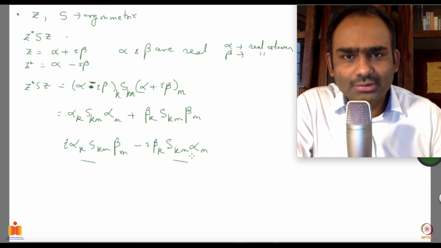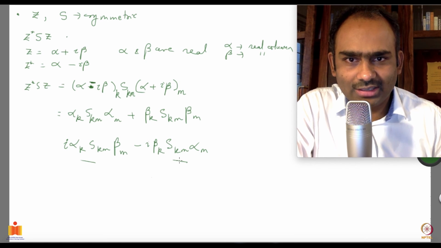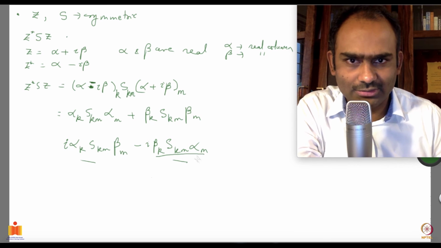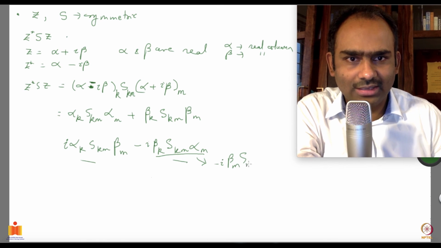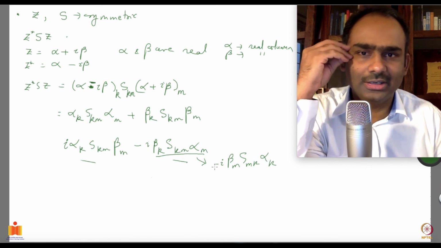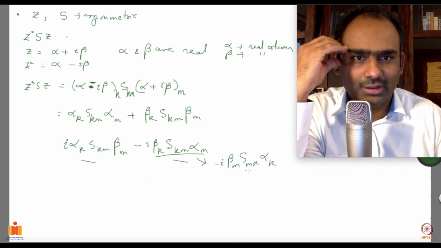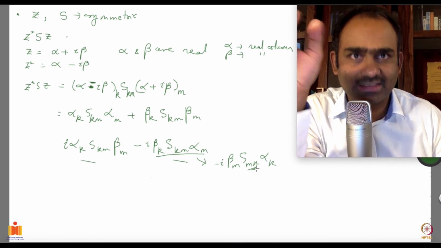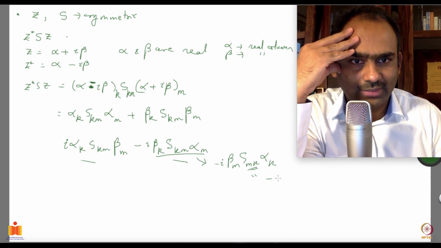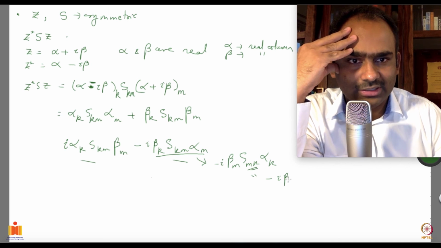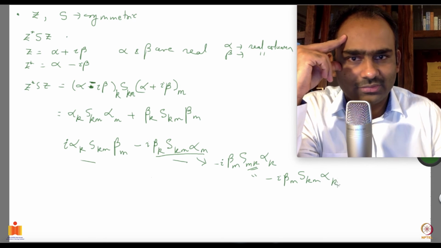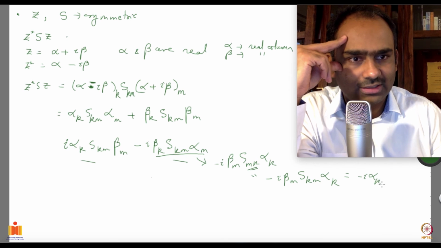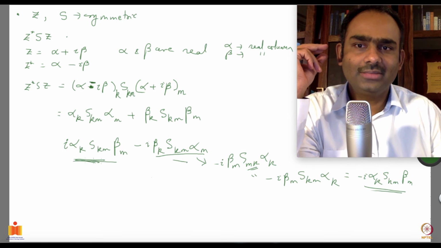K and M are repeated dummy indices, so I can interchange them. I write the second term as minus i beta M S M K alpha K. Now S is a symmetric matrix, so S M K is the same as S K M. So this is minus i alpha K S K M beta M, which is the same as the first term except for the minus sign.